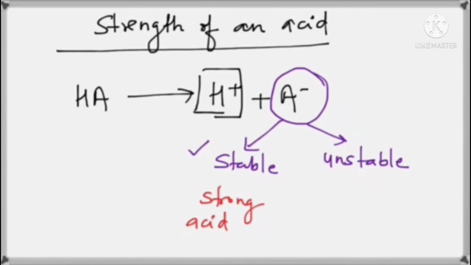And if it is an unstable compound, then this will be formed less, and therefore the H plus will also be formed less, and we will have a weak acid. So in order to decide a strong or weak acid, all you need to decide is whether the conjugate base is stable or not.